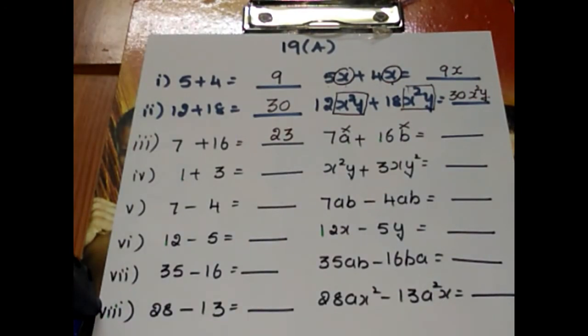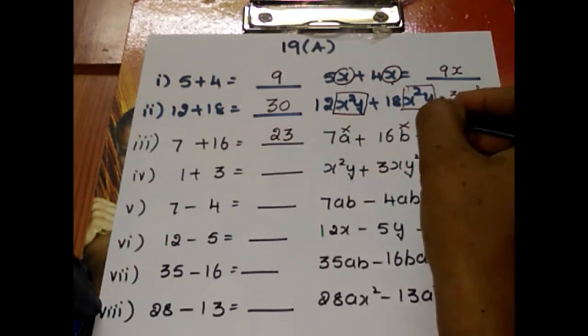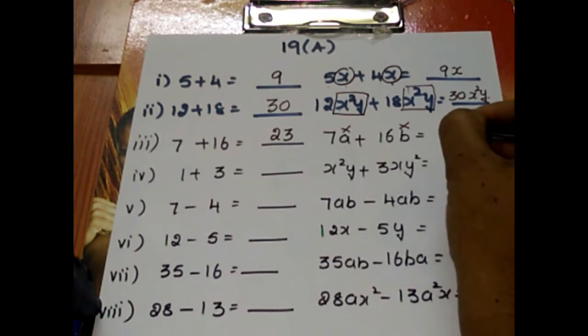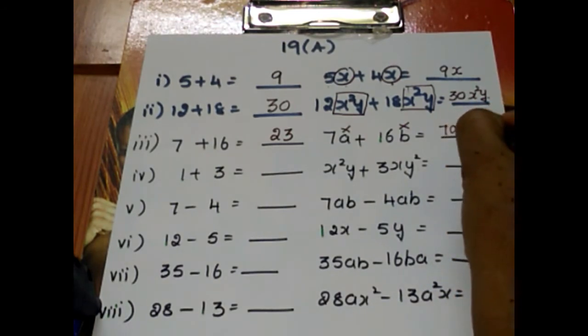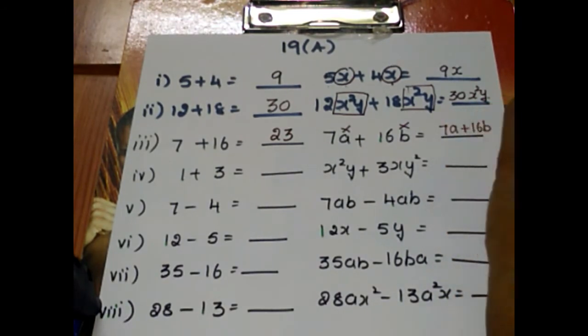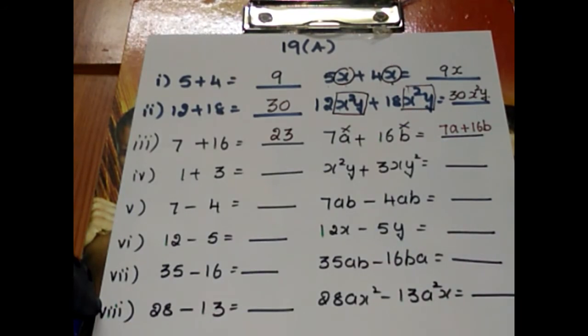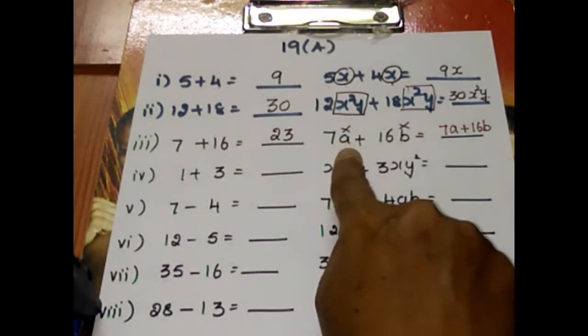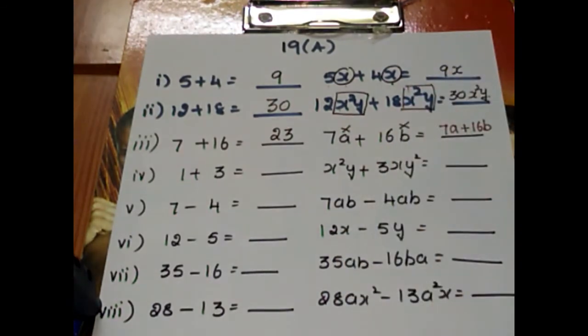That means they are unlike terms, where you cannot add the numerical coefficients. Hence, we write the solution as 7a plus 16b. We cannot add the numbers because the variables are not the same.